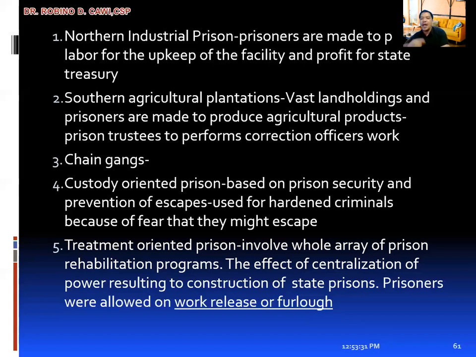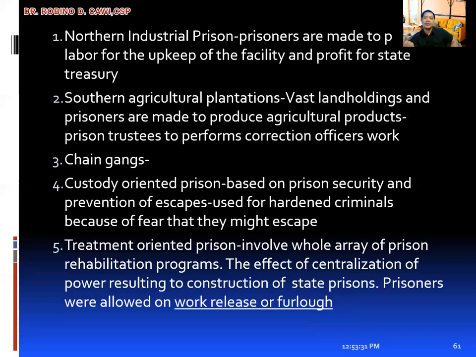Now, another method that was used in the industrial prison is the so-called state account system. Under the state account system, this is a variation from the contract system because they have seen that there is a danger in transporting the inmates to and from the prison facility. So instead of transferring the prisoners to the businesses, it is now the businesses who will come to the prison.